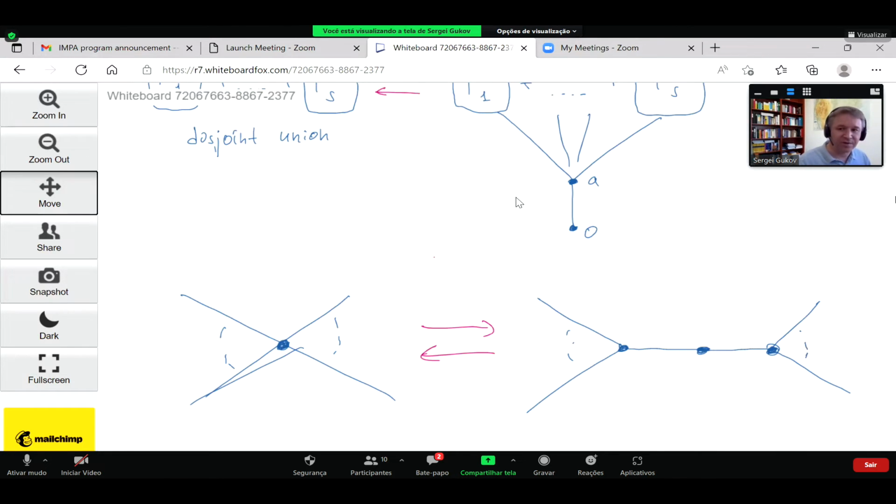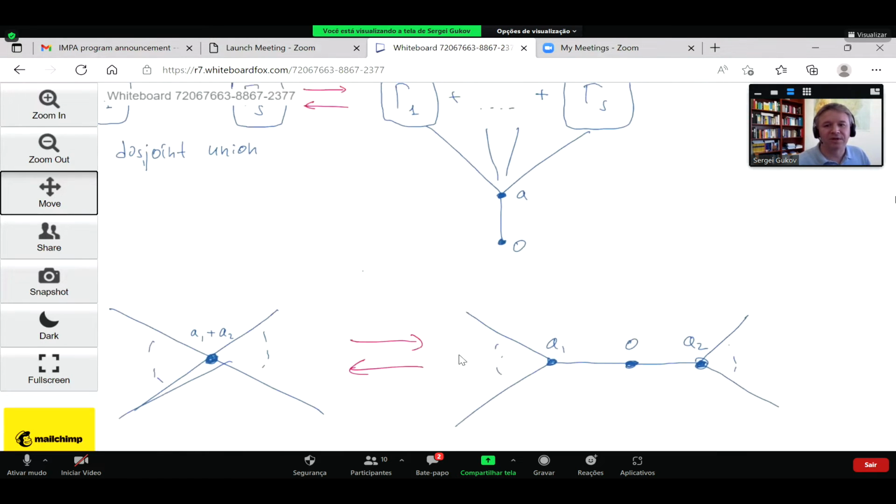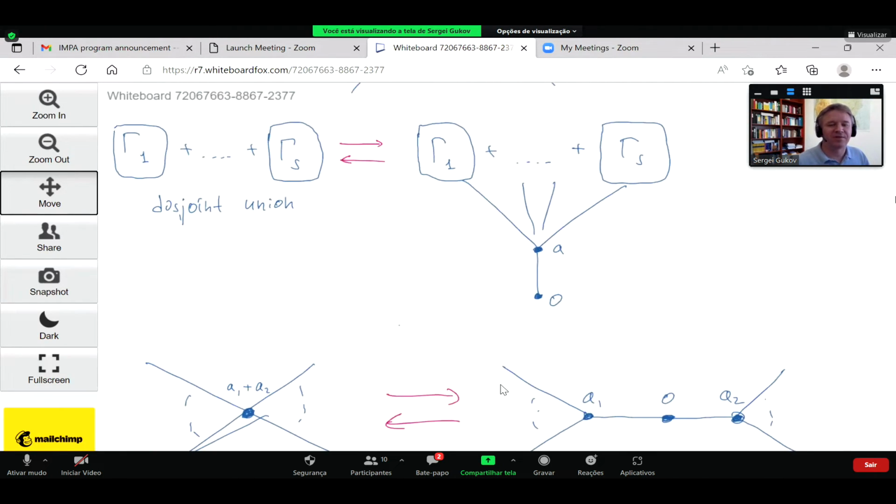The labeling here is such that if on the right I have A1, 0, and A2, as in the previous case, then when I do this blow down, the labeling changes to A1 plus A2.